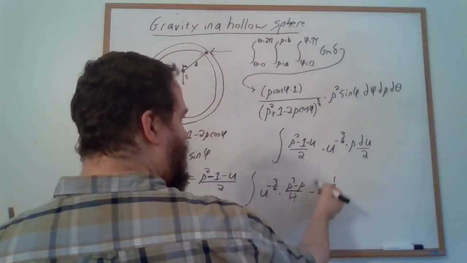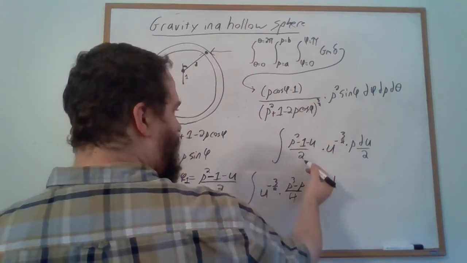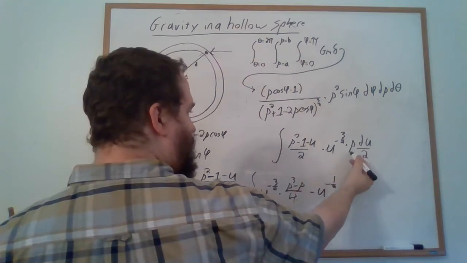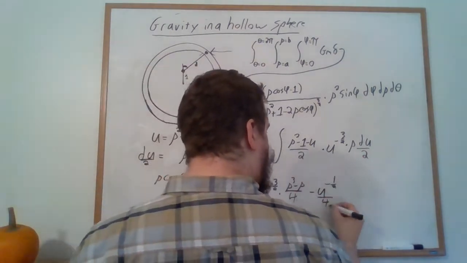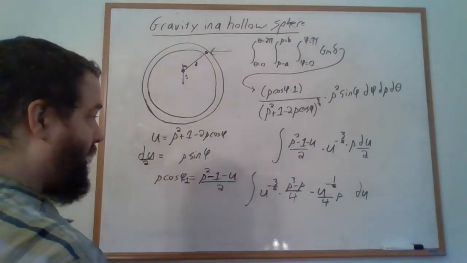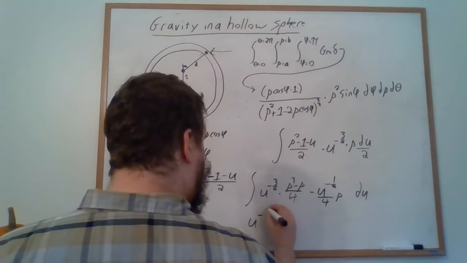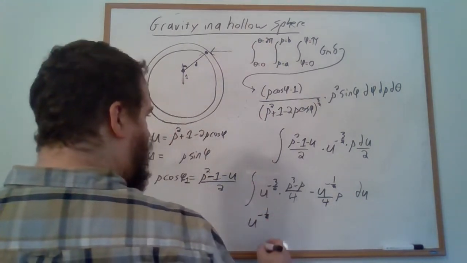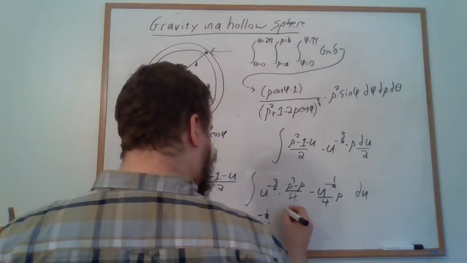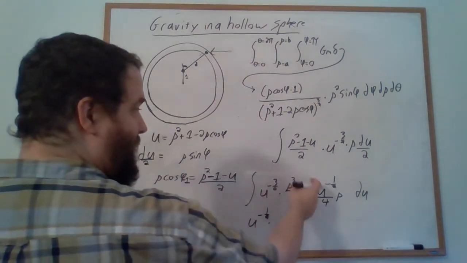Let's see, so this is u to the negative 3/2 times negative u divided by 2 divided by another 2 multiplied by rho. And then this integral here is going to be u to the negative 1/2 times negative 2 times this.